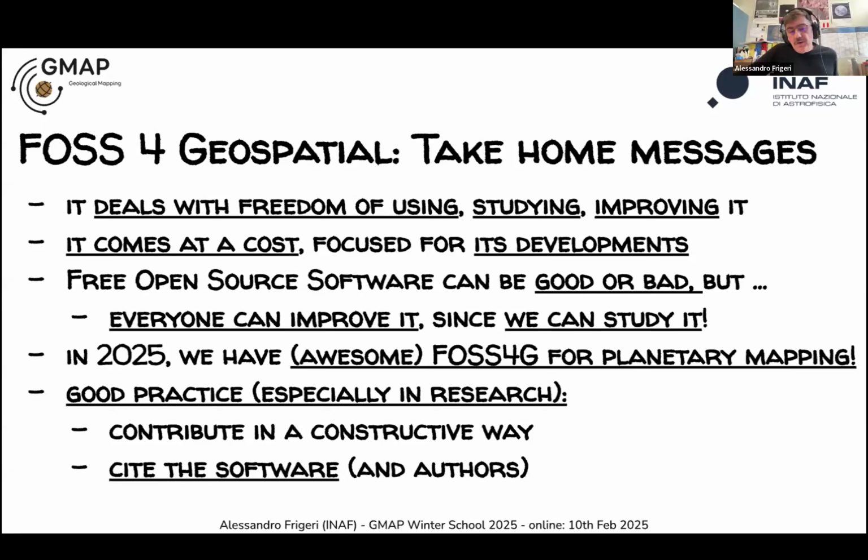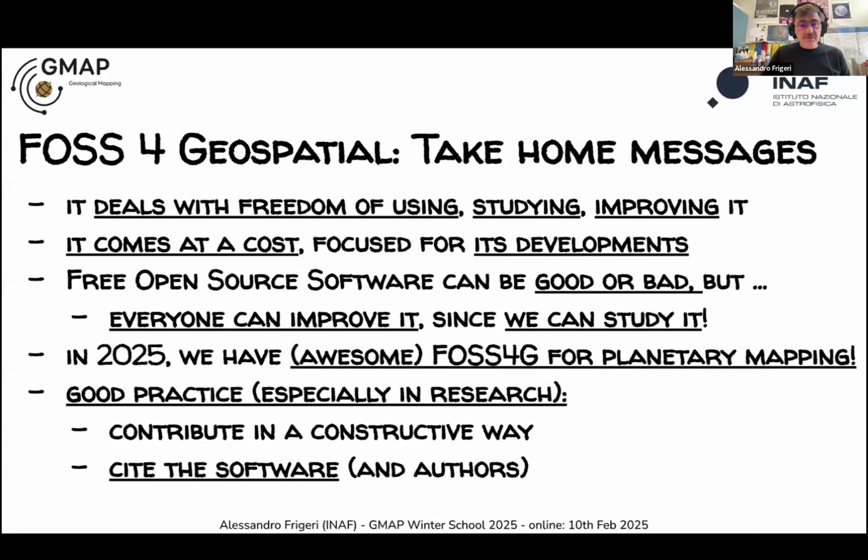When speaking about free open source software, we are not speaking about a software that is perfect or is bad, but everyone can improve it since we can study it. So the license is the power of free open source software, because even if a software is not perfect, if we use it and we support the development, it can be improved.